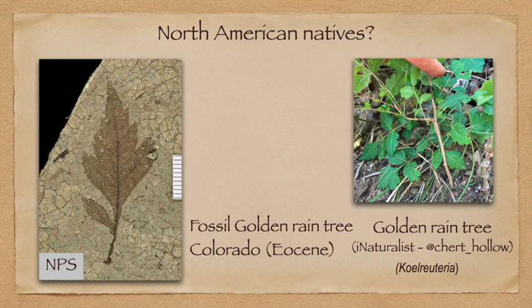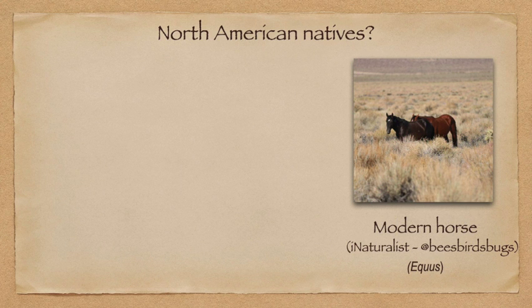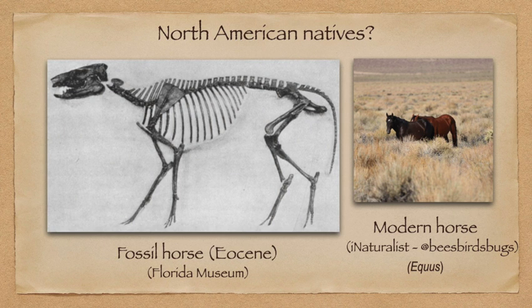And to go beyond plants, the standard narrative is that horses were introduced to North America by the Spanish. But the first horses actually evolved here over 50 million years ago and spread elsewhere before going extinct in North America. So from a geologist's perspective, ecosystems aren't necessarily defined by historical baselines like the year of 1491, but are constantly evolving, such that ginkgos and horses really could be considered native species if you expand your time horizons.